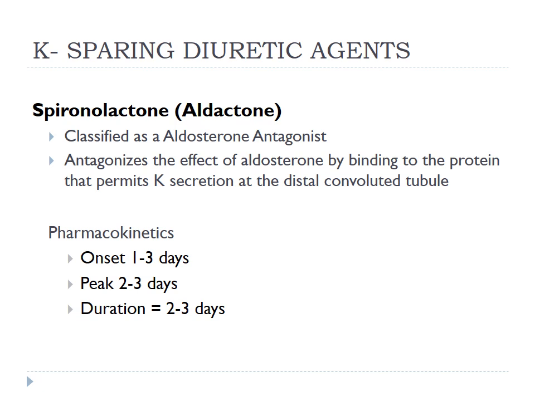Look at the onset, 1 to 3 days. Oh, this is such a long medication. It even takes longer to take effect than thiazide, and the peak usually happens in 2 to 3 days, and its duration lasts about 2 to 3 days. So this is a really long, slow drug.